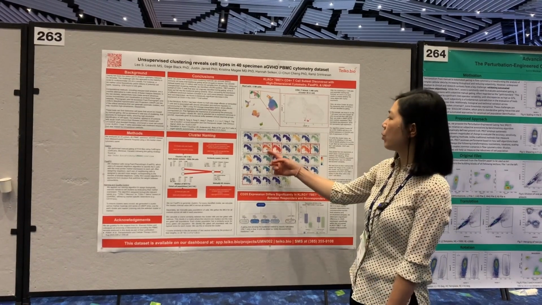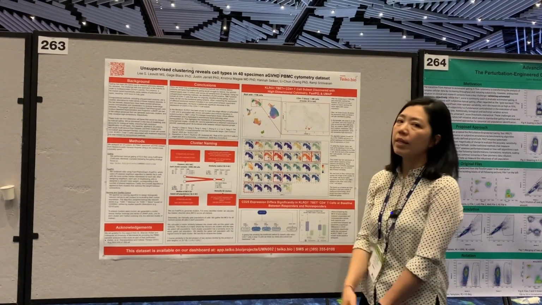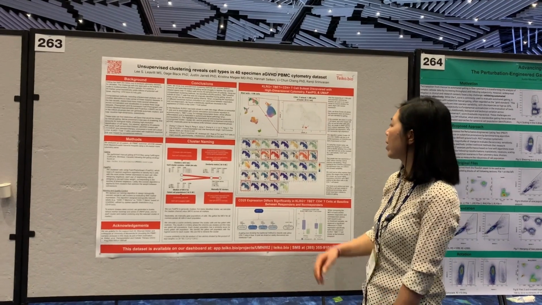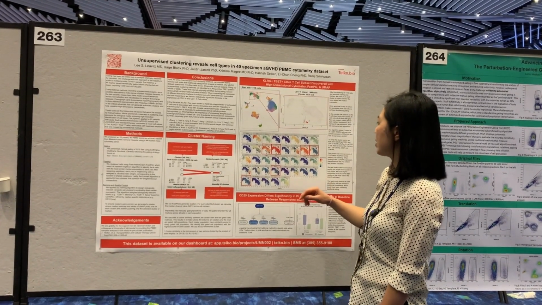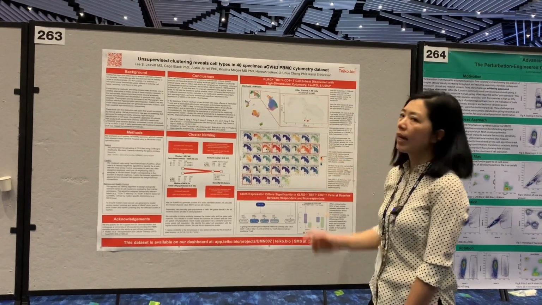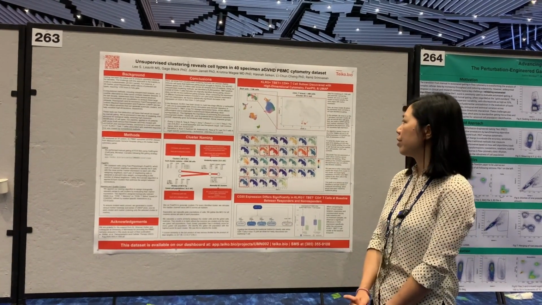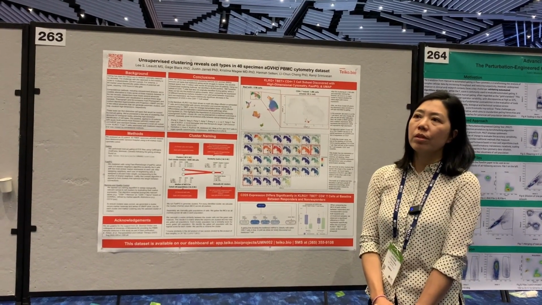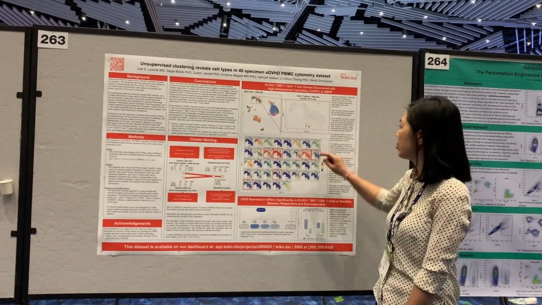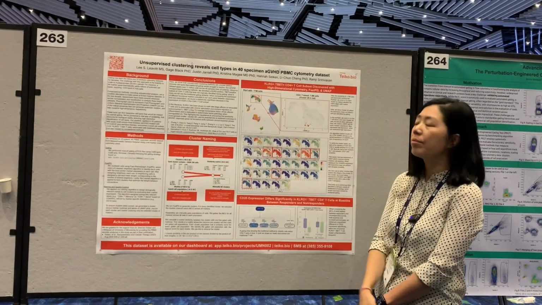Looking at CD27, it is a negative population. But when we look at CD45RA, it has intermediate expression compared to the gated TEMRA cells, which are on the other side of this island.